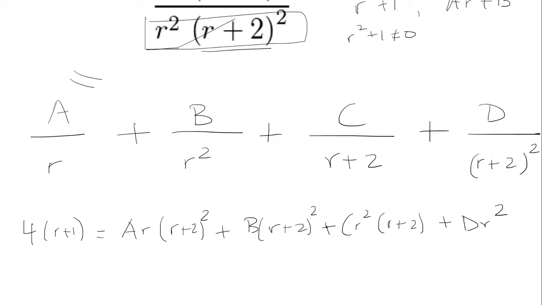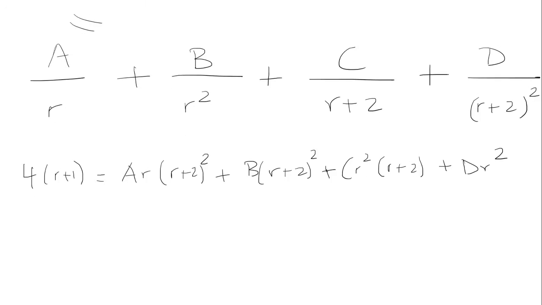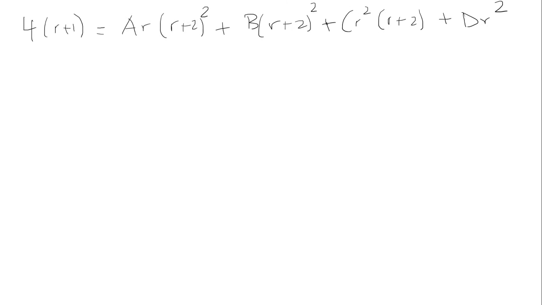So we've simplified this a decent amount, but we still need some work to do. Okay, so the next step, I'm going to find different values of r. There are some good candidates. What I'm looking for is whatever's inside the parentheses, or really any of the r factors, to be 0. Notice I have r squared, so why don't I pick r equals 0?